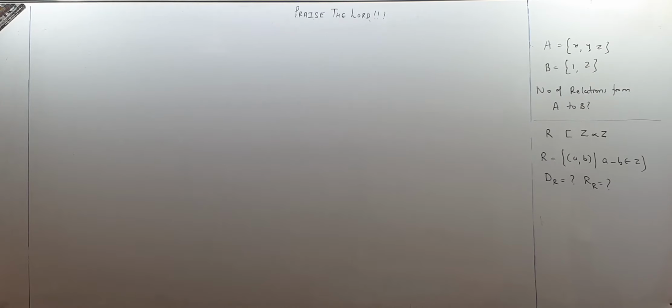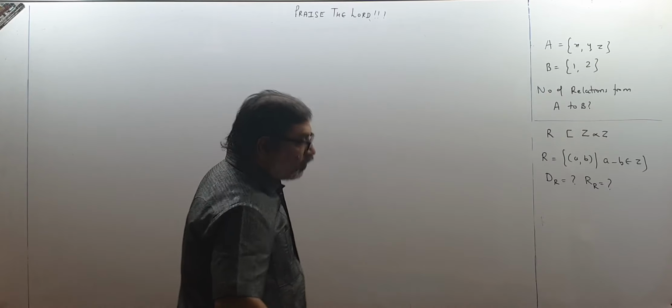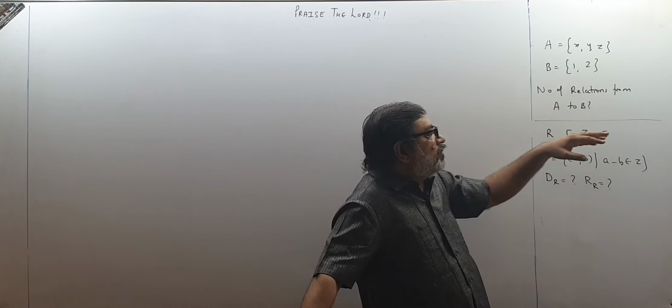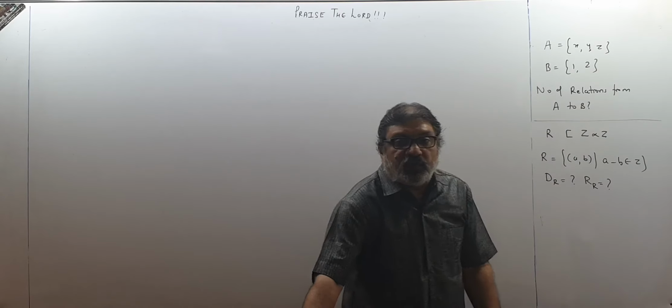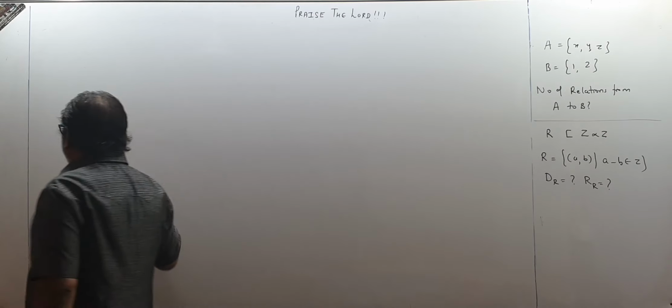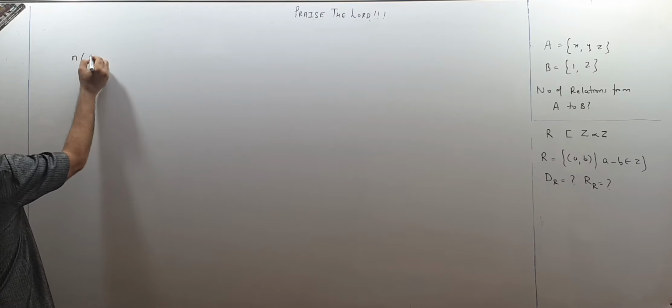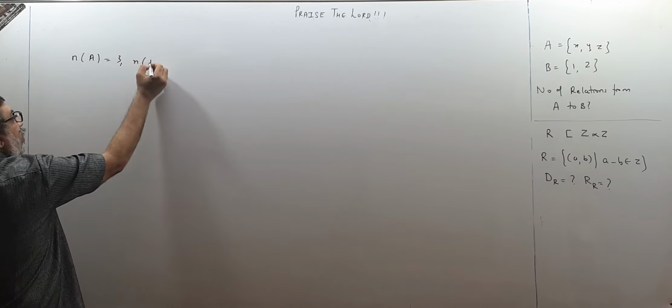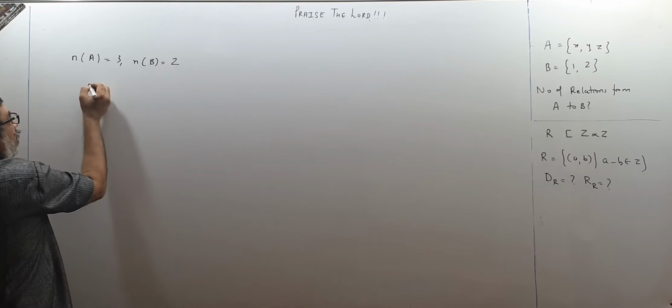Two more sums, children, we have got. It is told to me that set A contains elements x, y, z and B contains 1, 2. What is the number of relations from A to B? So children, you know the number of elements in A is 3, and the number of elements in B is 2.